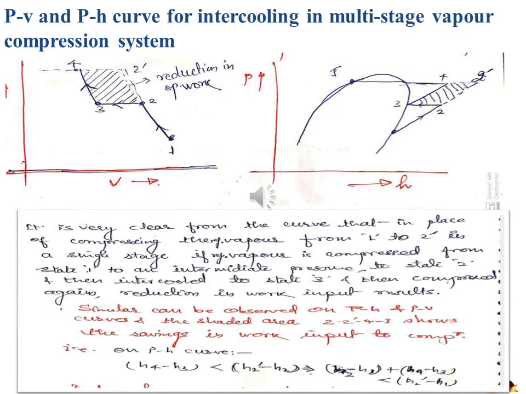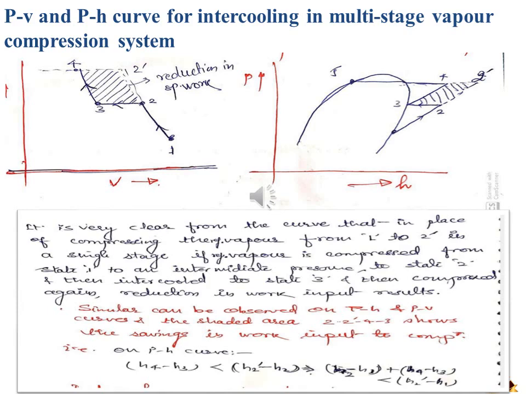One by one we will proceed. If I go from point 1 directly to point 2 dash, it shows the compression of the refrigerant in a single stage compressor, while 1 to 2 is the compression of the refrigerant vapor in the first stage of compression.